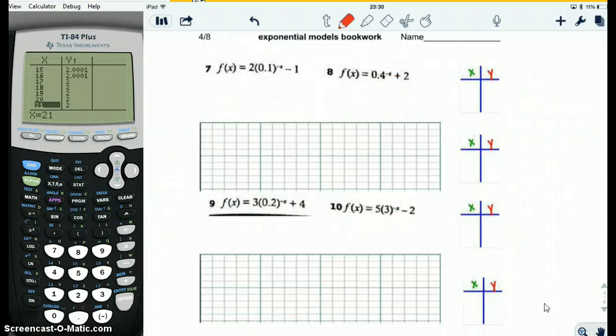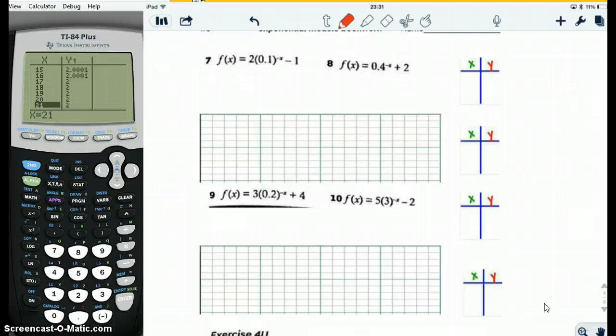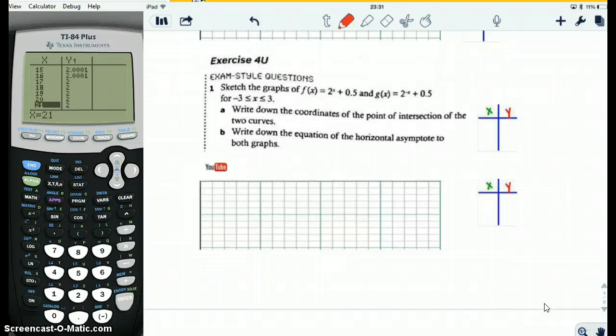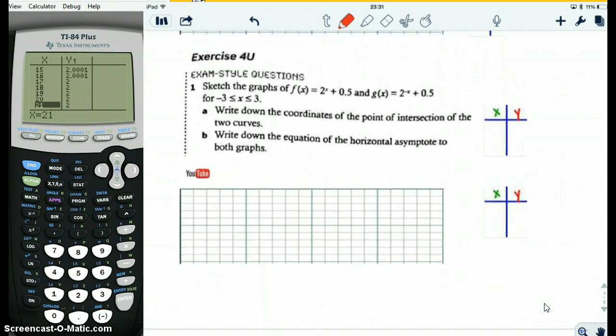We'll continue now with the problem from page 4, exponential models, page 4, exercise 4U, number 1. Sketch the graphs of f of x equals 2 to the x plus 0.5, g of x equals 2 to the negative x plus 0.5 for x between negative 3 and 3.